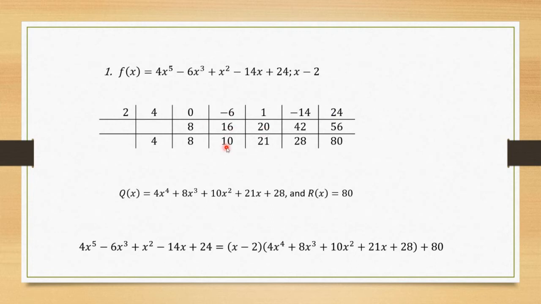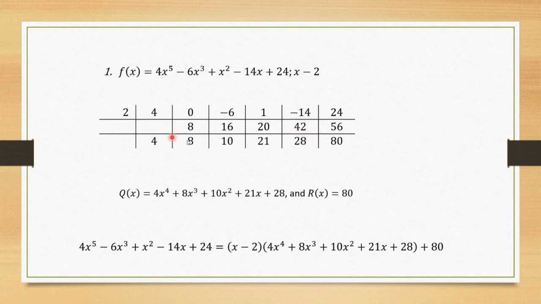So again, we have 10 here from minus 6 plus 16. 2 times 10, that's 20. 1 plus 20 is 21. 2 times 21, that's 42. Then we have minus 14 plus 42, that's 28.